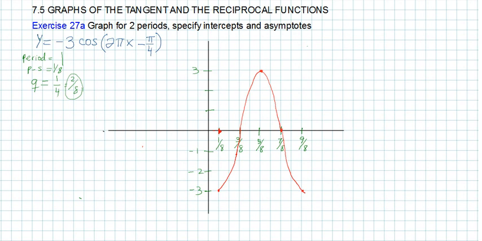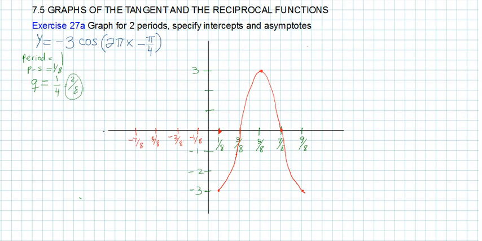Now, if you want to do another period, just do the opposite. So start at the phase shift and subtract 2/8. So I have 1/8 minus 2/8, that's minus 1/8. And then minus 3/8, minus 5/8. And the last one is minus 7/8.